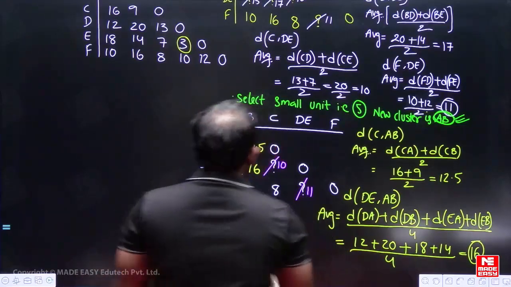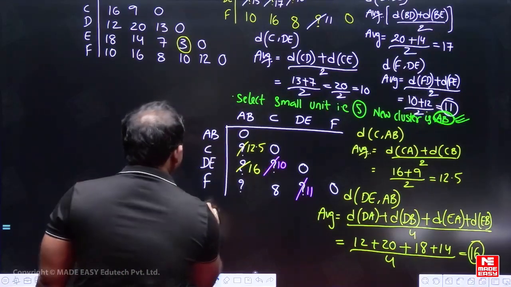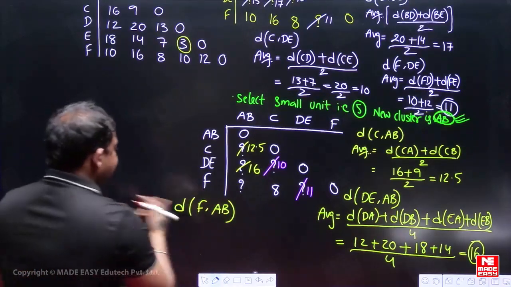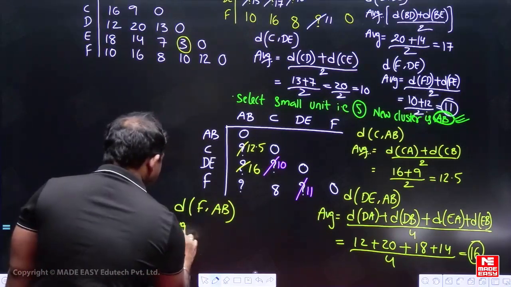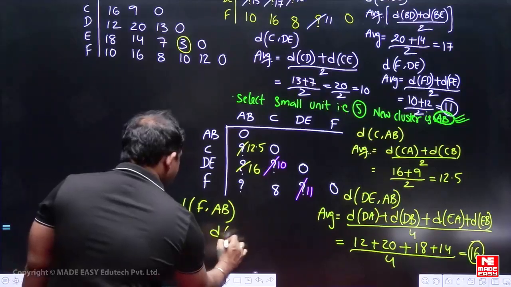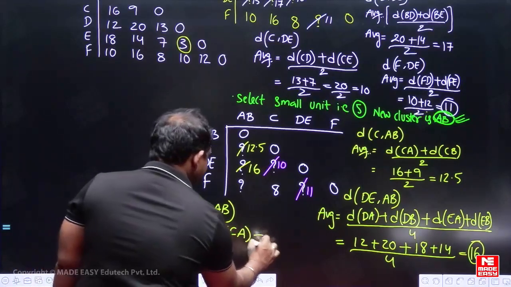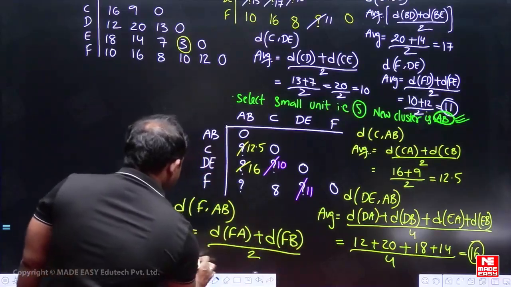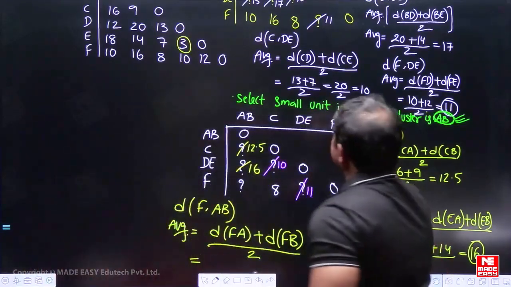Okay. And next one is what? Distance between F and AB. Average is equal to distance of FA plus distance of FB divided by 2. So look at the FA and FB distances.